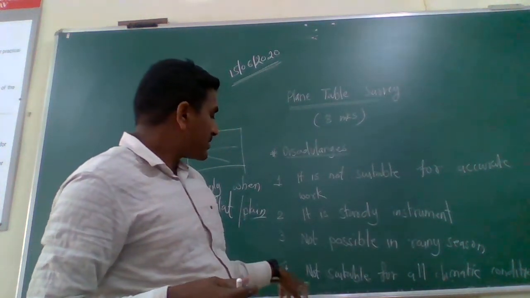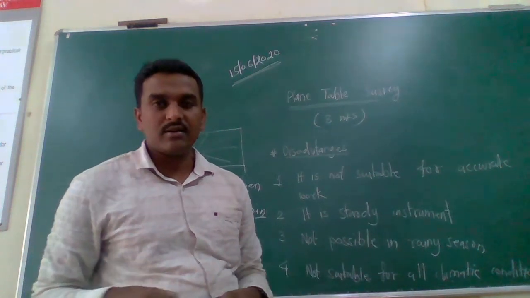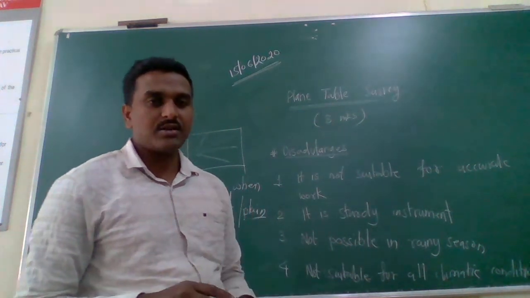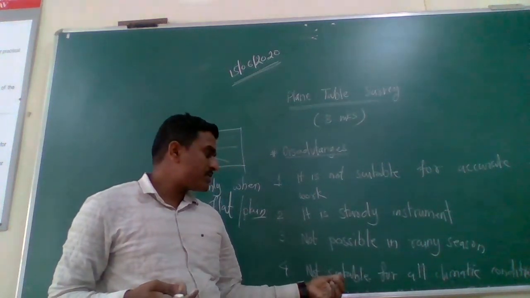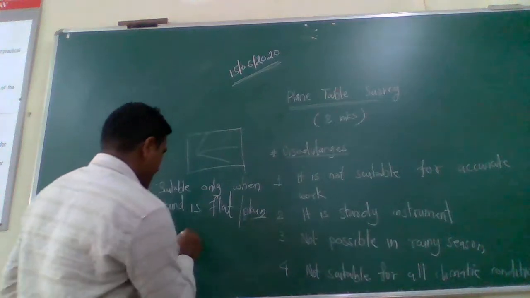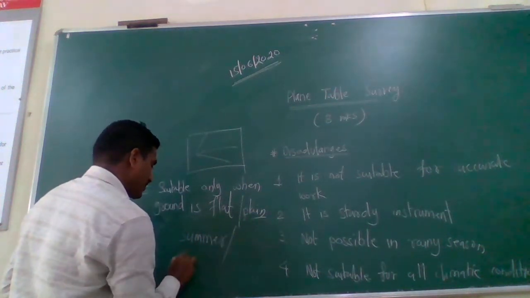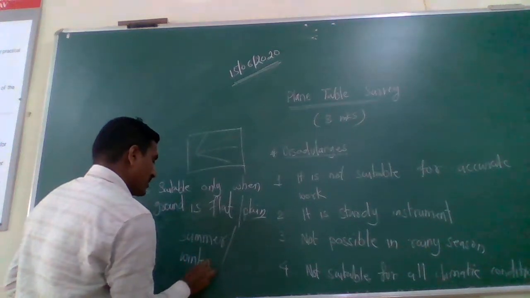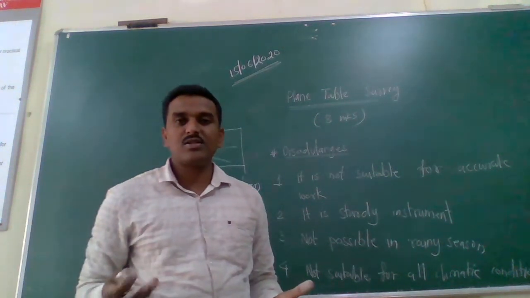Then the next one is it is not suitable for all climatic conditions. As I already told you in the last point, plane table survey is possible only in summer or winter season. But during rainy season, plane table survey is not possible.